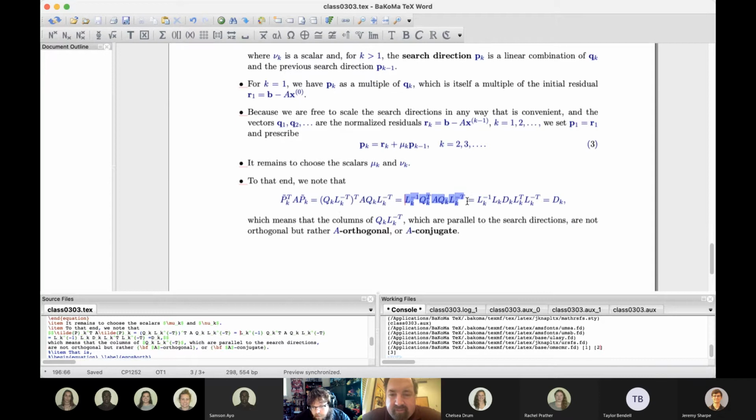So that gives me this. But qk transpose, that's tk. But tk has this LDL^T factorization, so I put that in there. And, ooh, like magic, these cancel. These cancel. All that's left is dk, which is a diagonal matrix.